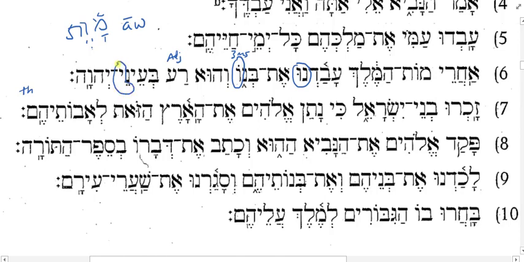You see that plural ending here? That's masculine plural construct. In the eyes of Yahweh. Meaning in his view, in his estimation, in his opinion. All right? So he was evil in the eyes, or in the sight, of Yahweh. How pathetic, huh? All right.